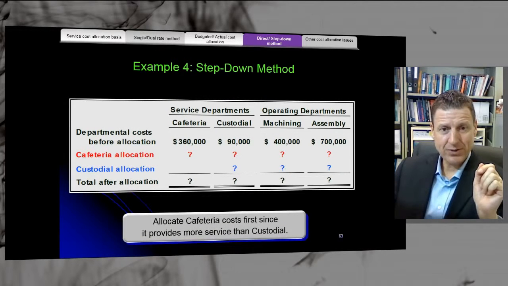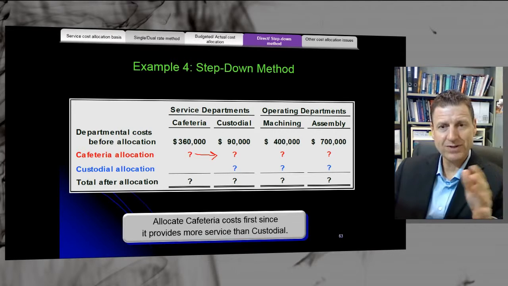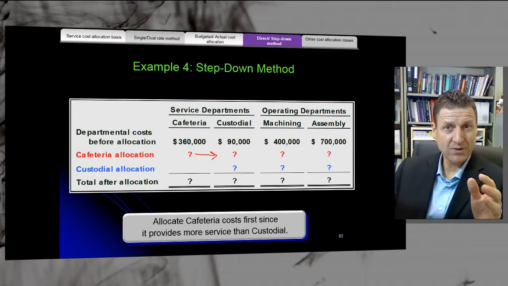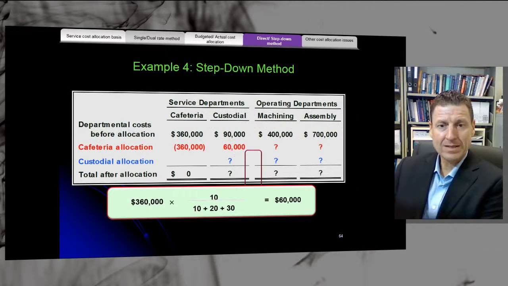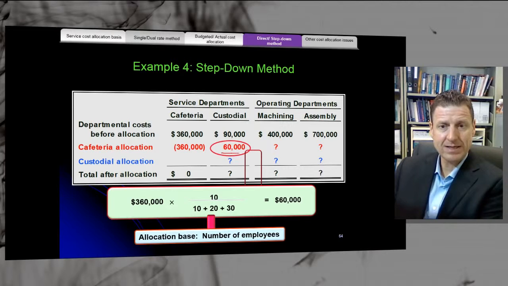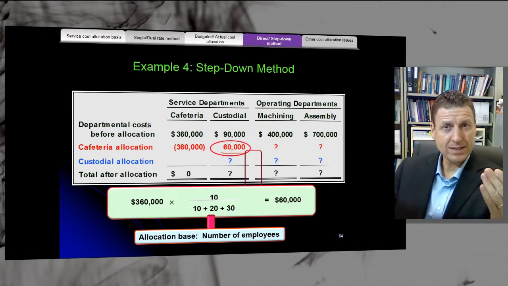So we have cafeteria, we want to allocate that across. It provides more service than custodial. That is the basis for which we are starting with cafeteria. And so we're going to allocate 60,000. Why 60,000? That's 1/6. How do we know 1/6? Well, we've got 10 employees divided by 60 employees here.